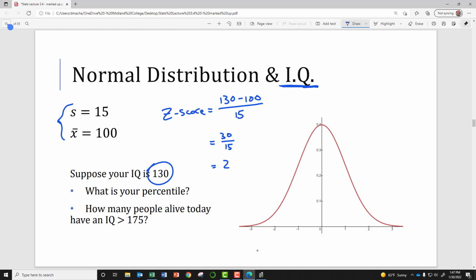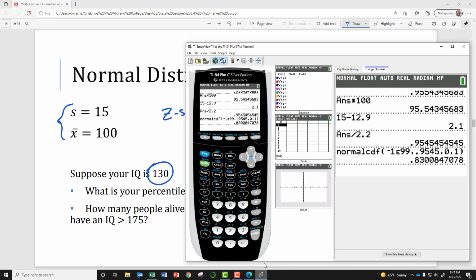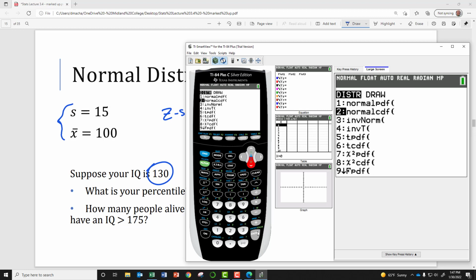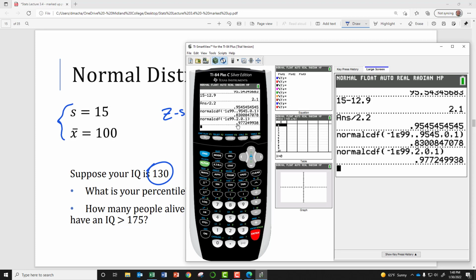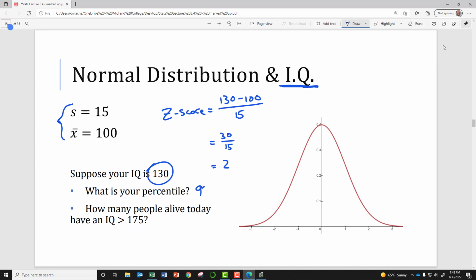If I want to get percentile from my z-score, then again, I'm going to go to second VARS, normal CDF, where it says upper, I'm going to put 2, because that's my z-score, paste, enter, and then it looks like I'm looking at the 97.7, or you could round up and say you're the 98th percentile for intelligence, which means you're smarter than 98% of the population and also not as smart as 2% of the population.